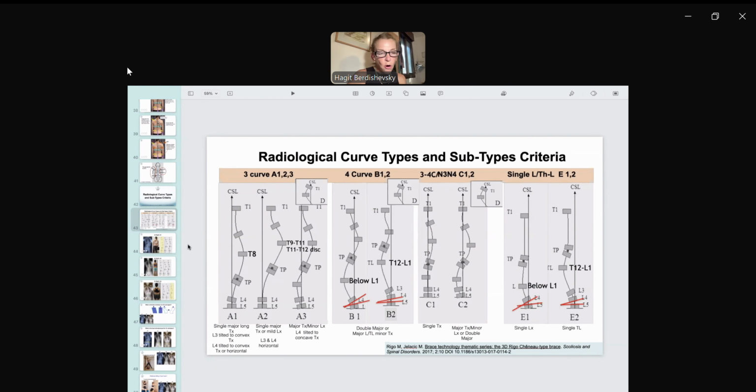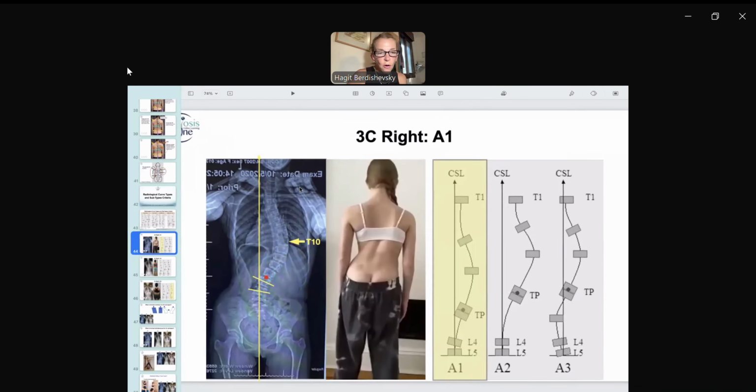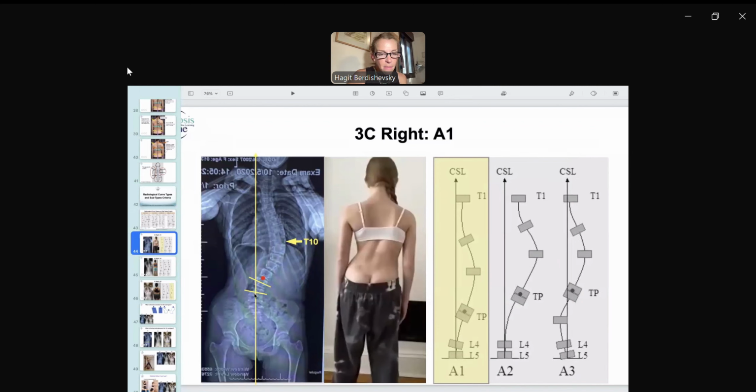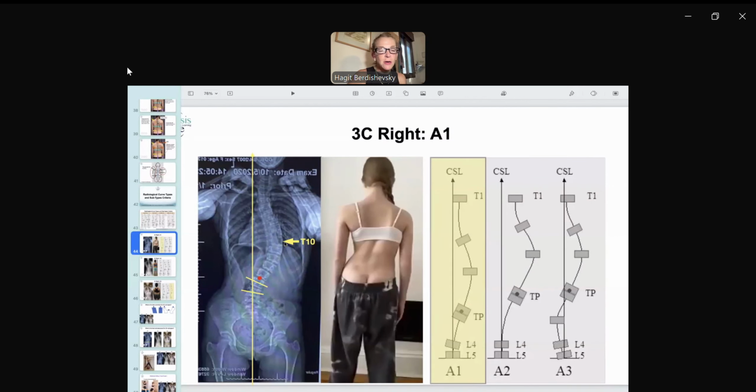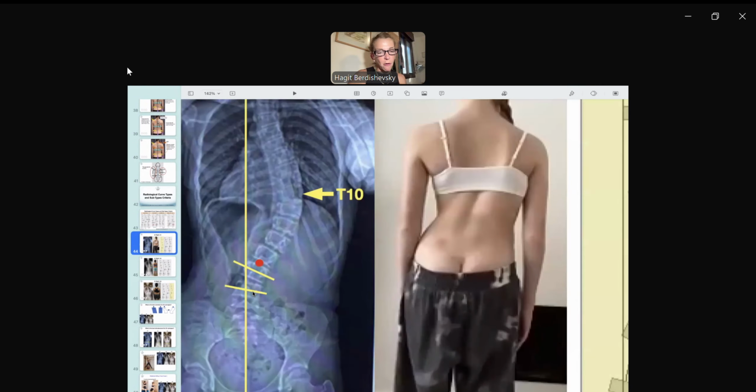A1 is a long, single, long thoracic. Usually the transitional point, the apex, is low, meaning it can be from T9 to T11. It's low. Very important is to put lines over the vertebrae of L4 and L5, L4 and L3, and see the direction of L4.